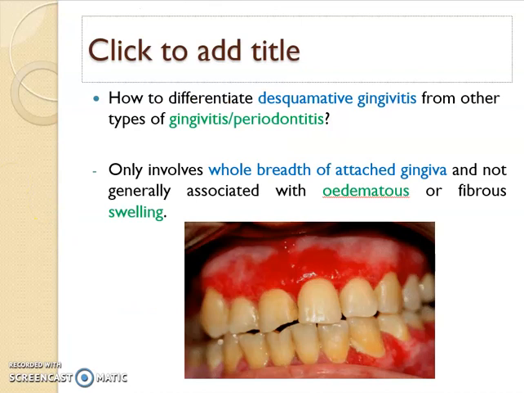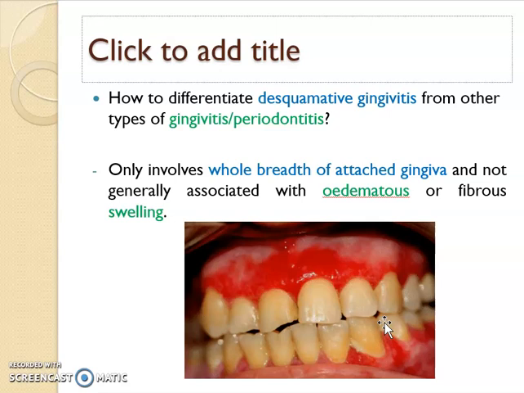How do we differentiate desquamative gingivitis from other types of gingivitis or periodontitis? Desquamative gingivitis involves the whole breadth of the attached gingiva. The keyword here is attached gingiva, and it is not generally associated with edematous or fibrous swelling. But having said that, if you leave the condition without treatment, and as you notice in this picture, there's plaque accumulation because of pain. The patient cannot brush their teeth or take good care of their oral hygiene.